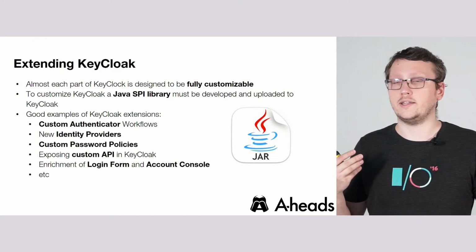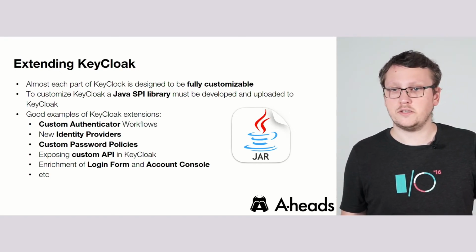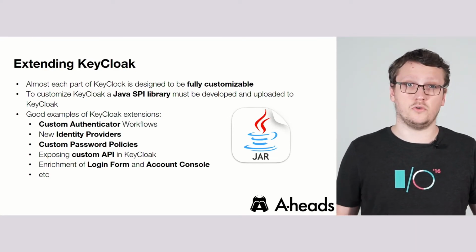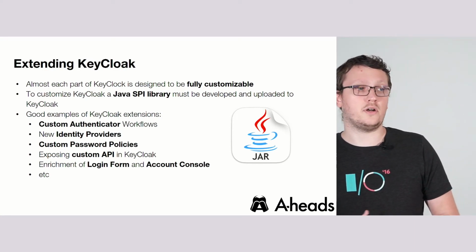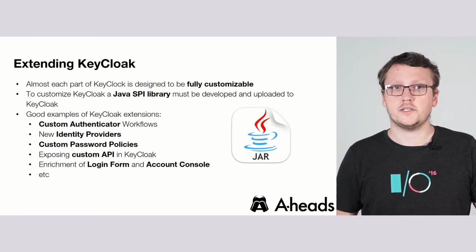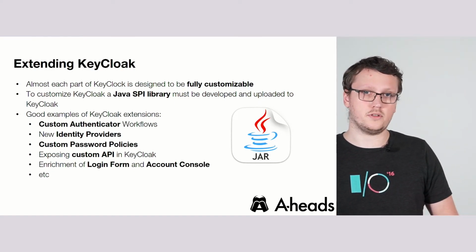So if you have identity providers, for example, there is Facebook, but you would like to integrate with Draugiem.lv, this is also possible. If Draugiem.lv supports standard OpenID protocols, then you can plug it into Keycloak with some small programming effort.